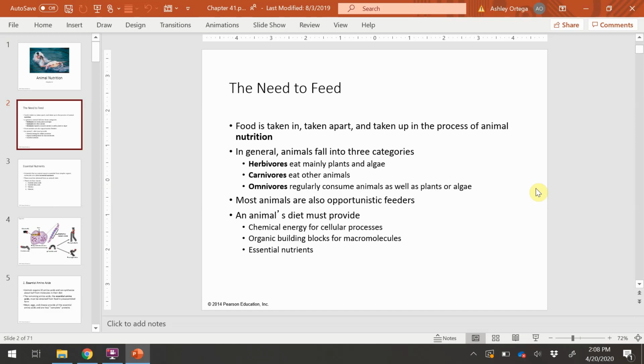Also, organic building blocks for macromolecules: amino acids to make protein, monosaccharides to make polysaccharides, parts of lipids to make fats, and nucleic acids to make up DNA and RNA. And lastly, a diet must provide essential nutrients. We'll look at these essential nutrients in the next section.